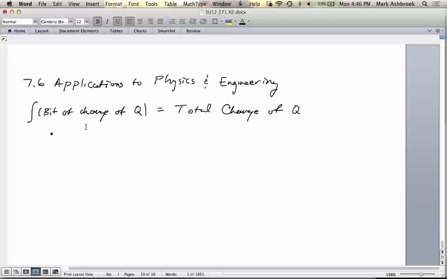So we just need some basic formulas first. Okay. Work. Who remembers what work equals? Force times distance.